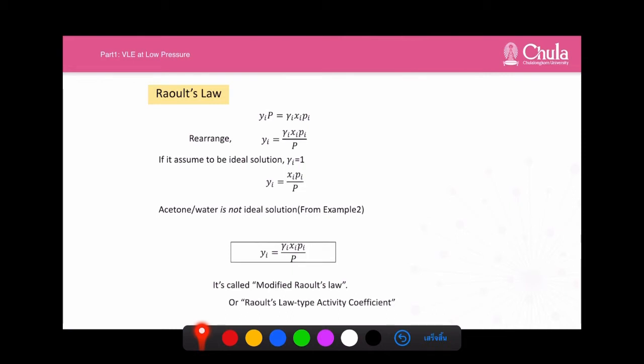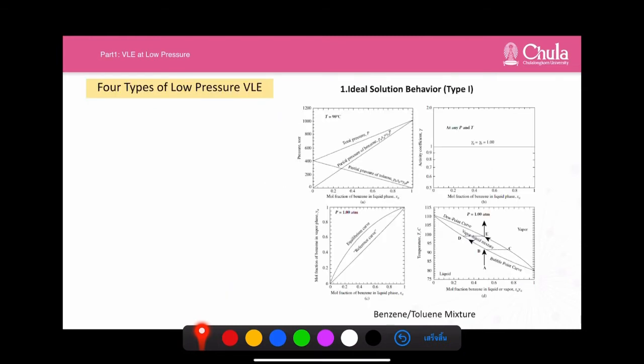The next thing we will discuss, we will consider different types of solution. The first type, type 1, is ideal solution behavior. Let's say we have two components A and B. A and B should be very similar.